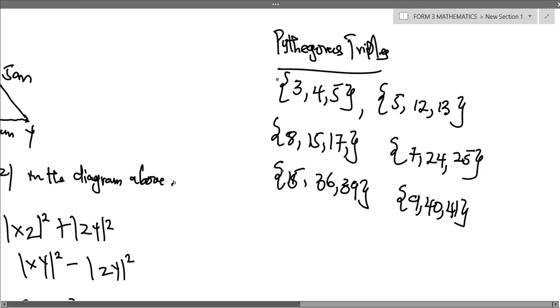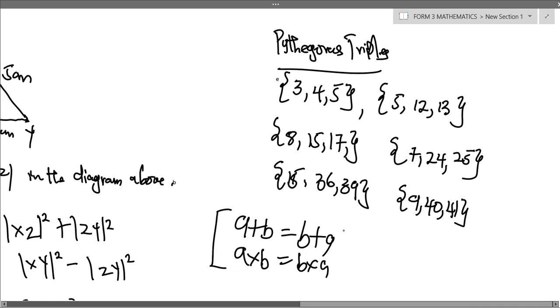Addition and multiplication are commutative. A plus B is the same as B plus A, and A times B is the same as B times A. So in the same way, when I square this one and I square this one, it will still give me the same sum in the reverse form.